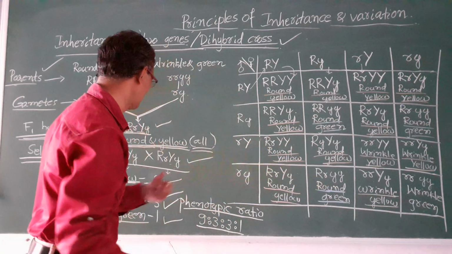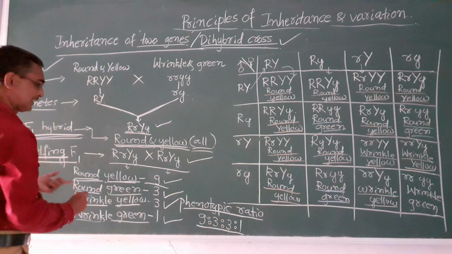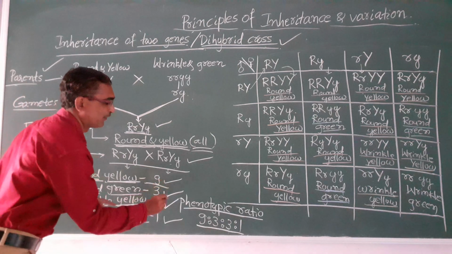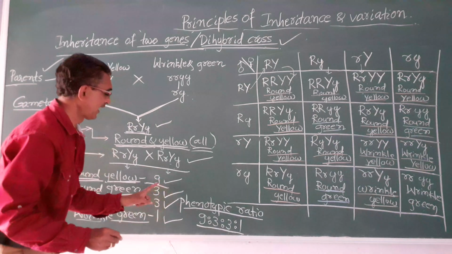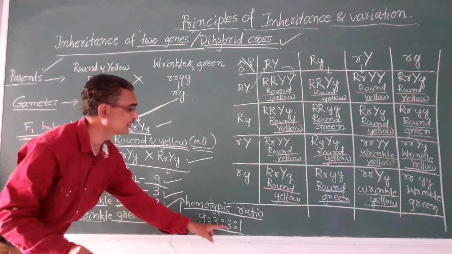And in F2 generation we get the phenotypic ratio of 9:3:3:1.